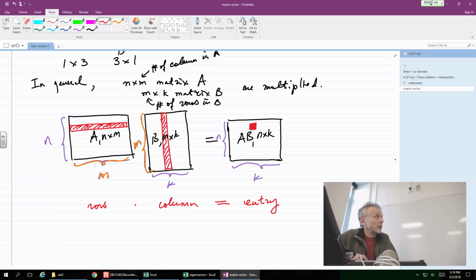And so as you can see, every entry in either of the two matrices will appear many times, right? It will be used many times, as many times as the number of rows in which a particular value appears. Say I pick this one over here. In how many rows does it appear? And the answer is n. I'm sorry, m.